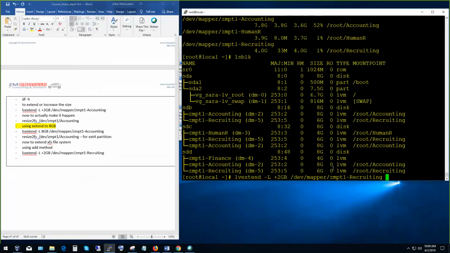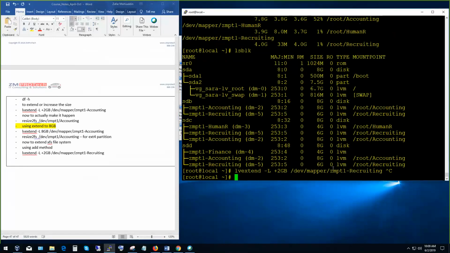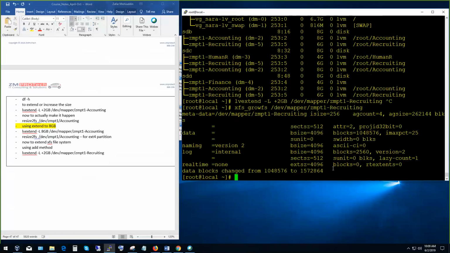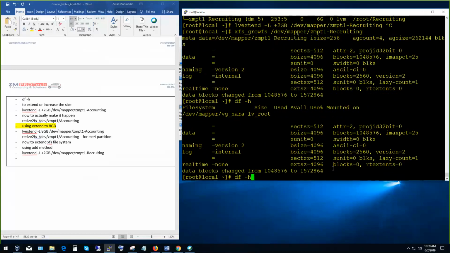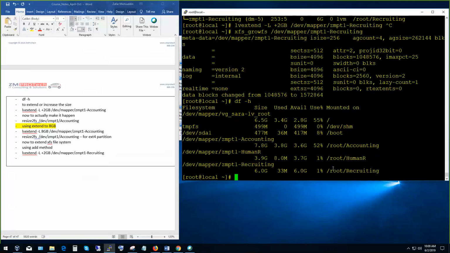So the command is xfs_growfs, and then the mount point, /dev/mapper/ZMP recruiting. Okay. Now you do df -h, and it's up to 6 GB.